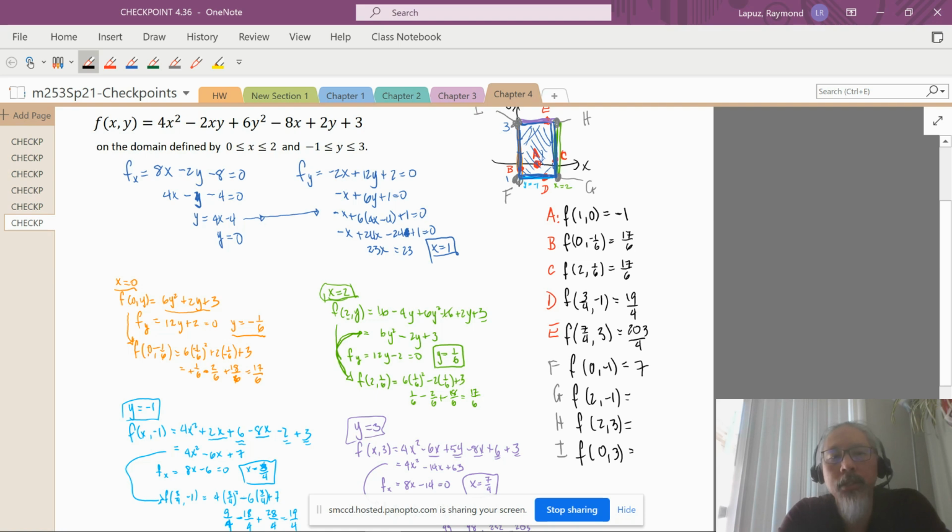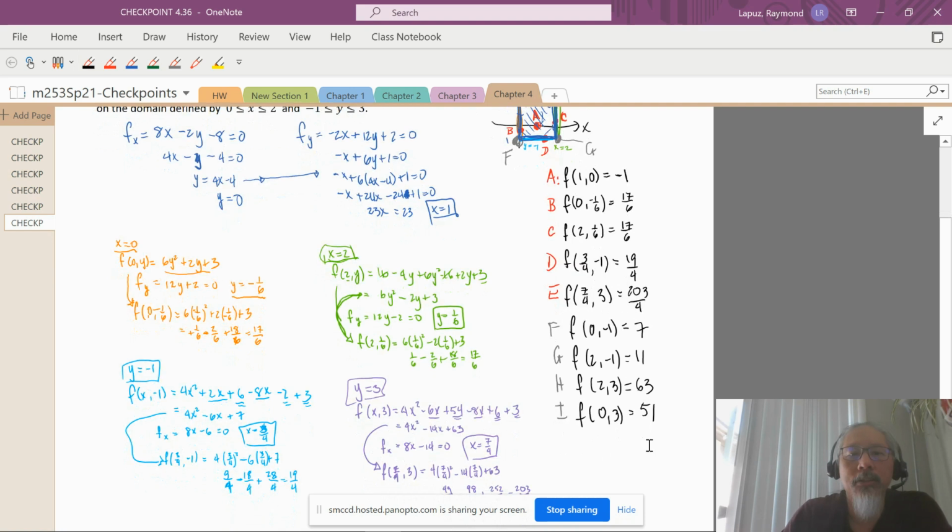So that's 20 plus 6, 26. 26 plus 16, 32. Well, I think I'm losing count here. If you put it in the calculator, I think we're going to get 11 for that one. And why don't we just say that I worked it out and I got 63 for this one and 51 for that last one.